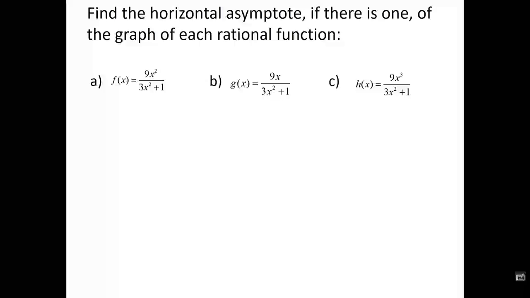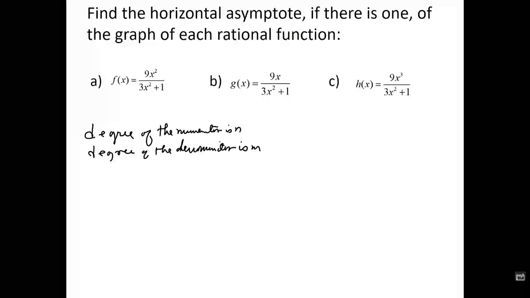Let's say we have a rational function, p of x over q of x, where the degree of the numerator is n and the degree of the denominator is m.